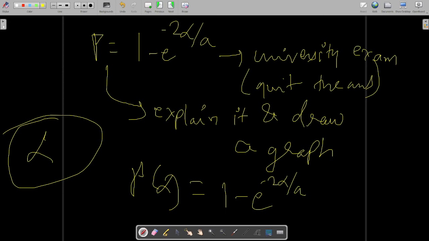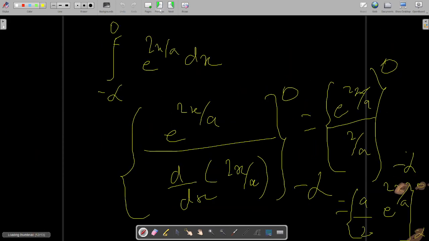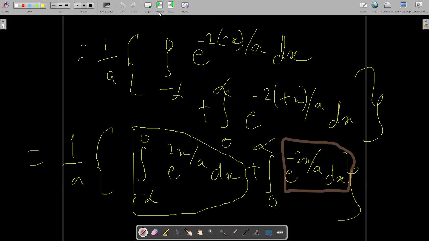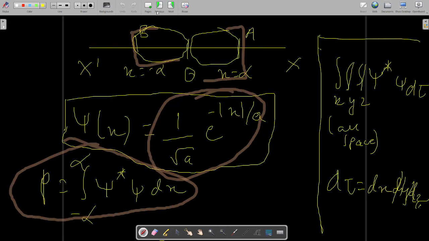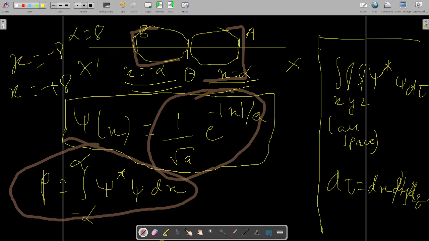Why is it a function of alpha only but not a? Because I had clearly told you that alpha can change over here, since the value of alpha is equal to x. If you take x equal to minus 8 to x equal to plus 8, then alpha will be equal to 8, so this strip will be broader.